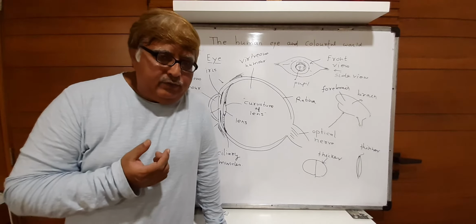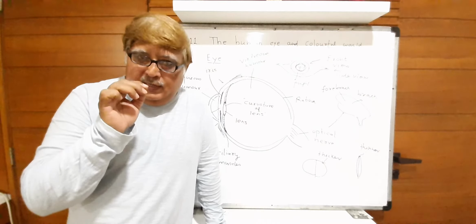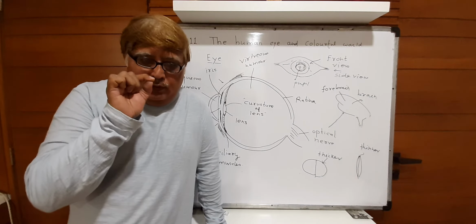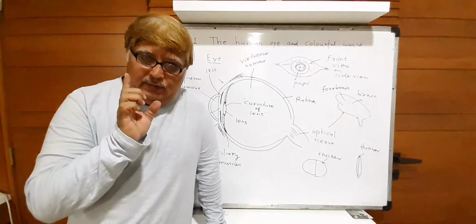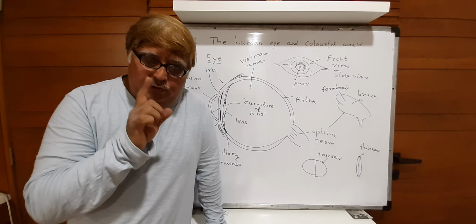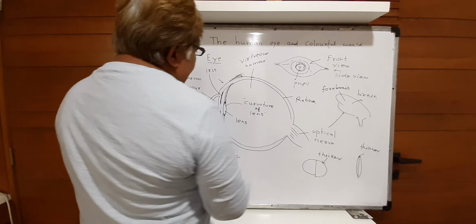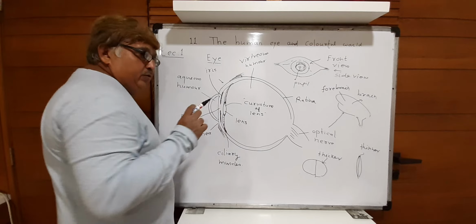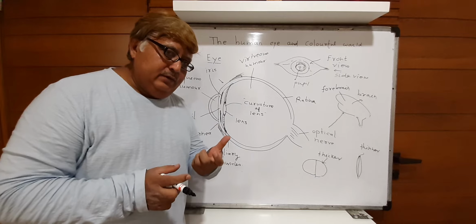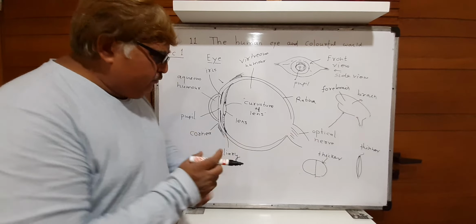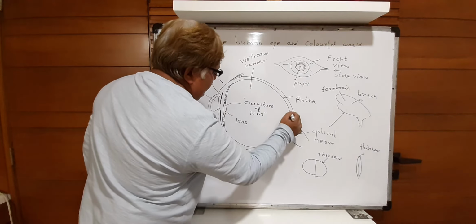So actually the lens, by adjusting the focal length, tries to make some finer adjustment so that the image of the object falls exactly on your retina. Actually, what is the work of the lens? To make finer adjustment of focal length, so that the image falls exactly on the retina. Understand?